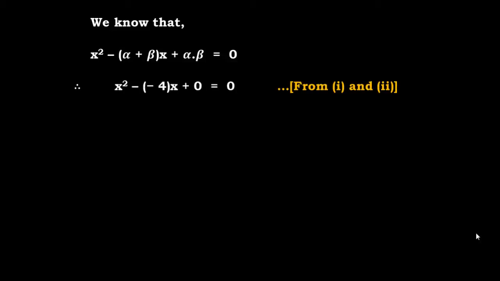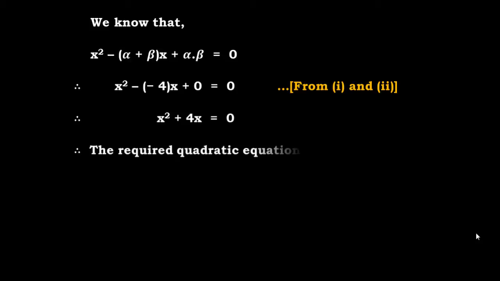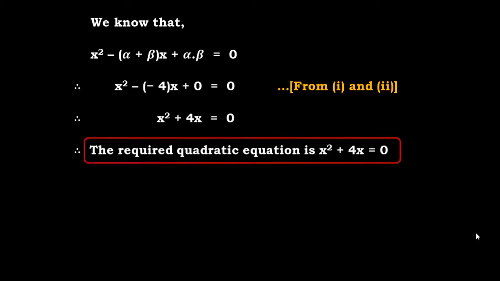We can use the formula x square minus (alpha plus beta) into x plus alpha into beta is equal to 0. So x square minus minus 4x plus 0 is equal to 0. So minus minus becomes plus, x square plus 4x is equal to 0. Therefore, the required quadratic equation is x square plus 4x is equal to 0. See, very simple questions are there, student.